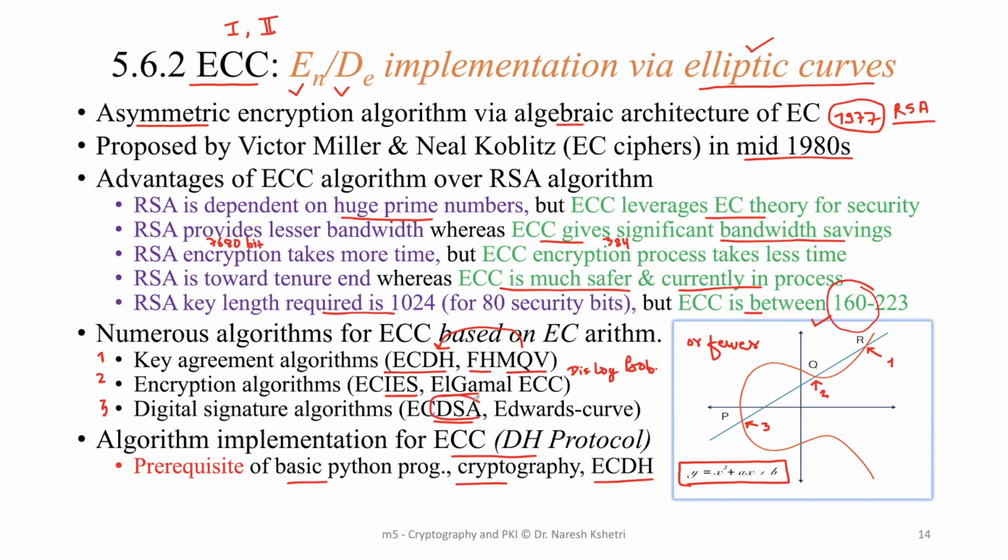That is why we call it a digital signature algorithm. Another one is the Edwards curve, EdDSA, for fast public key digital signatures. Its primary benefits are embedded use with high-performance secure implementation and signatures with no branch or lookup operations. Altogether, there are almost 6 algorithms for ECC.